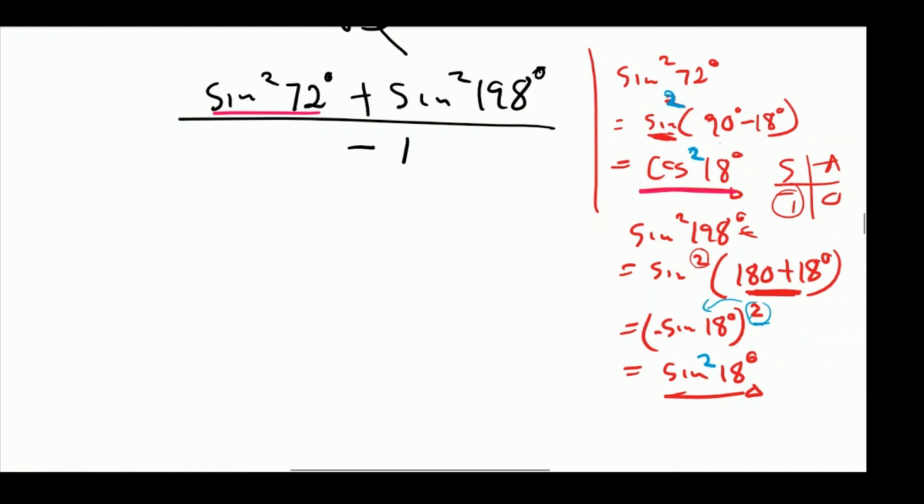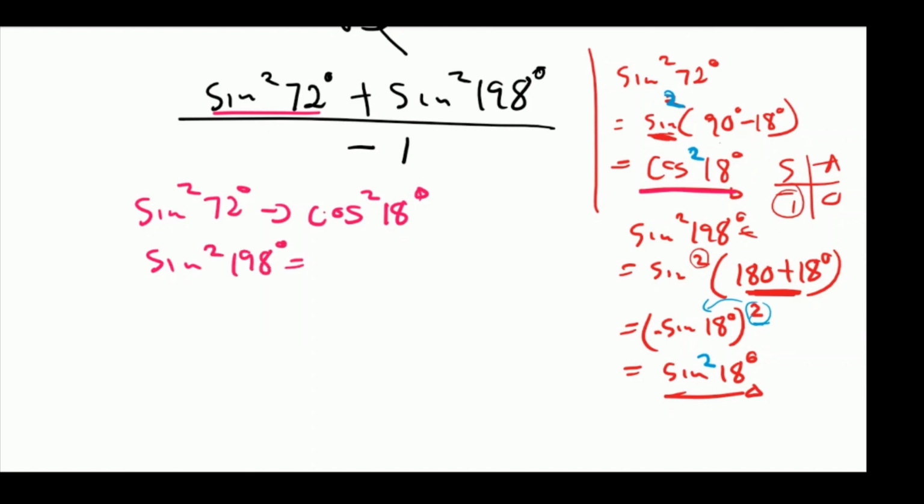So instead of writing sine squared of 72 degrees, you're going to write cos squared of 18 degrees, and instead of writing sine squared of 198 degrees, you're going to write sine squared of 18 degrees. So let's write that out, let me write it in black.